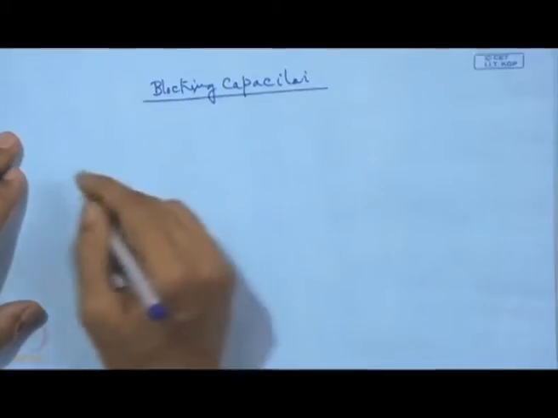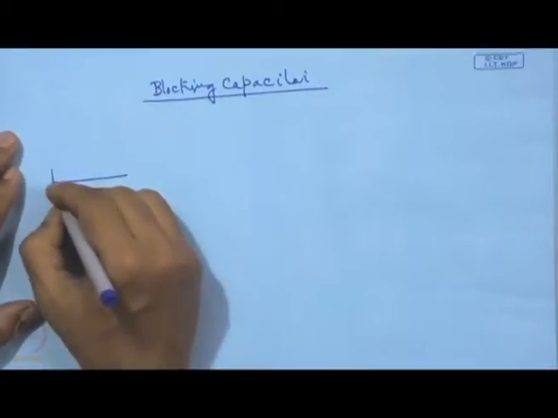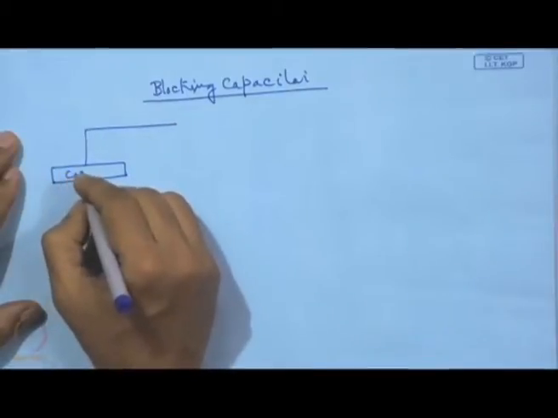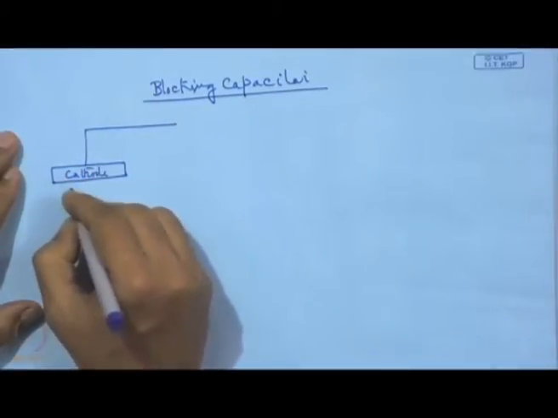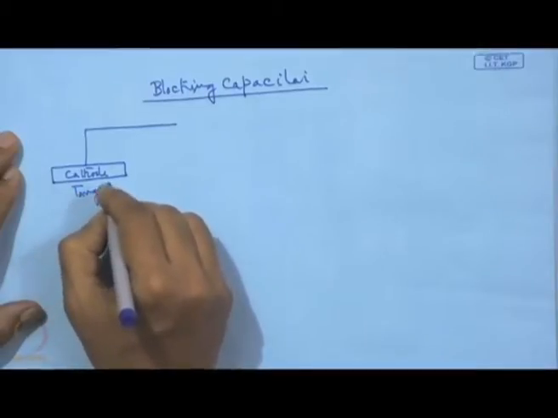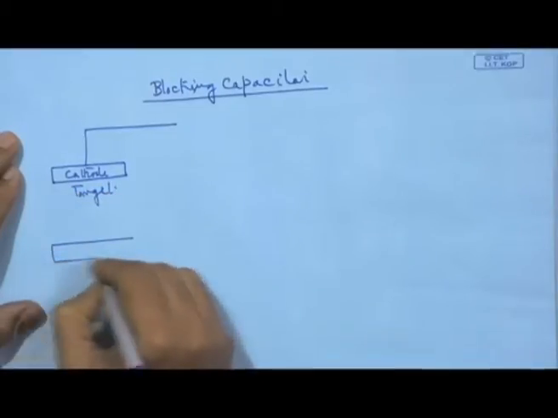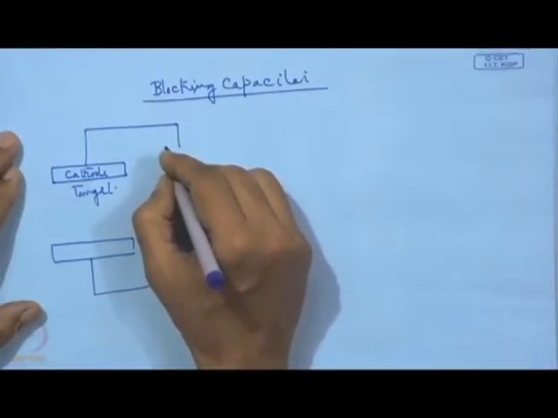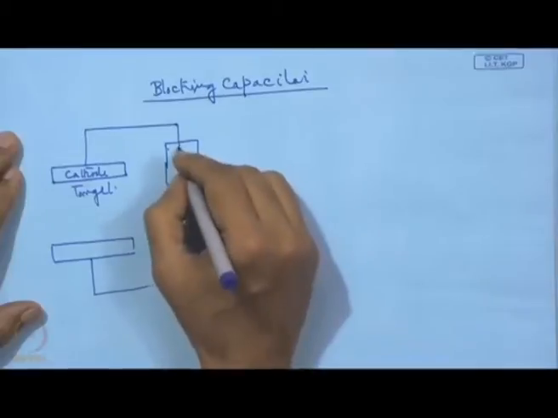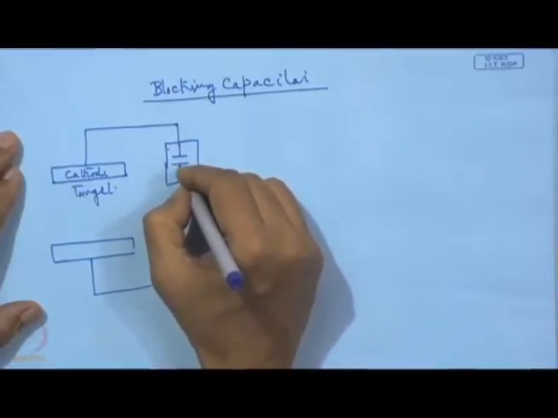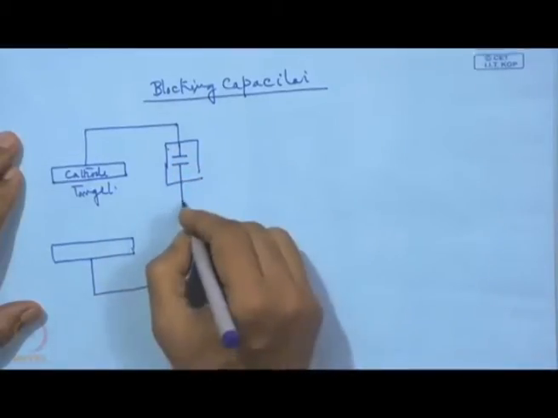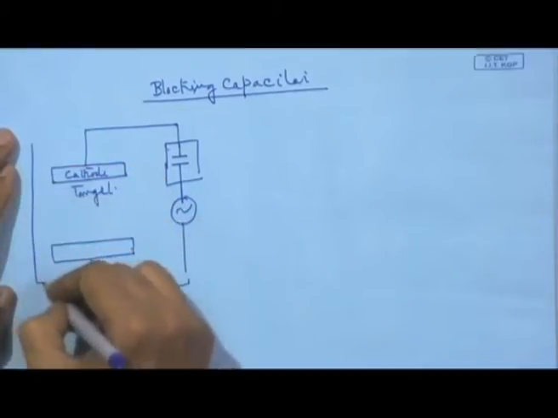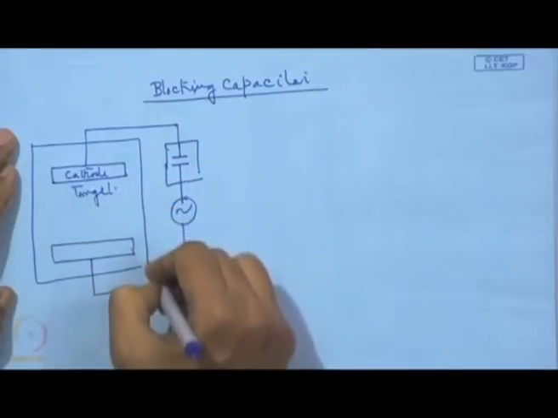Now, with this blocking capacitor, this diagram will be slightly modified. This is actually the cathode which is the target, and just facing this will be the anode, and here we have a blocking capacitor, and then followed by this alternating supply. Whole thing will be encased in this vacuum chamber.